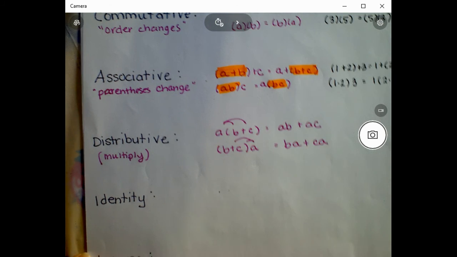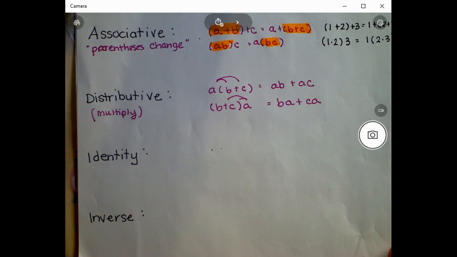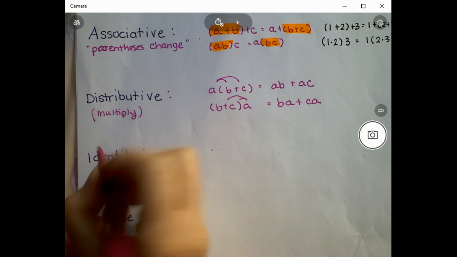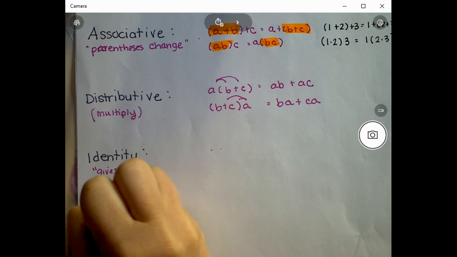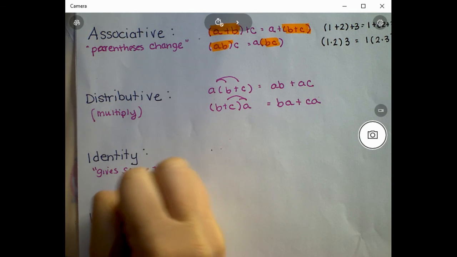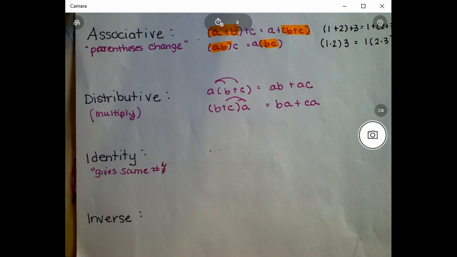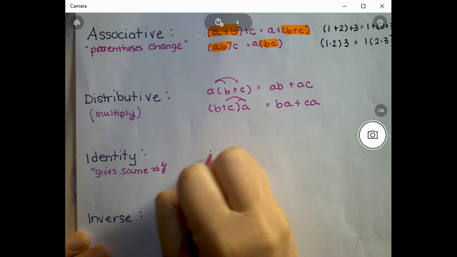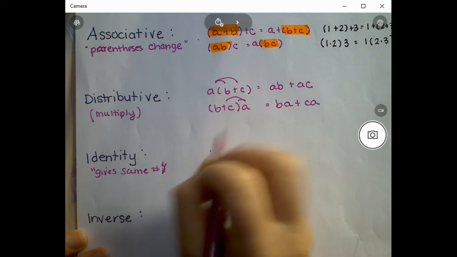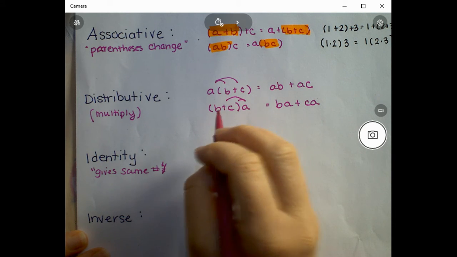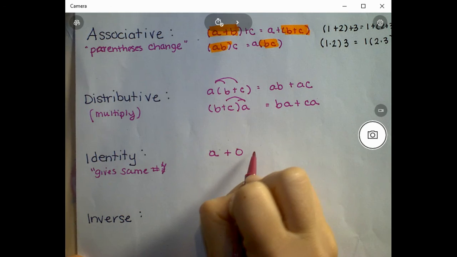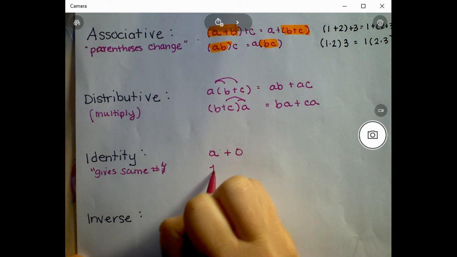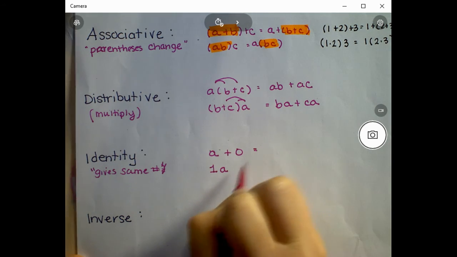Next, the identity. The way I describe it is it gives you back the same number. There are two different ones. There's an additive identity, like a plus 0, and there's a multiplicative identity, a times 1.